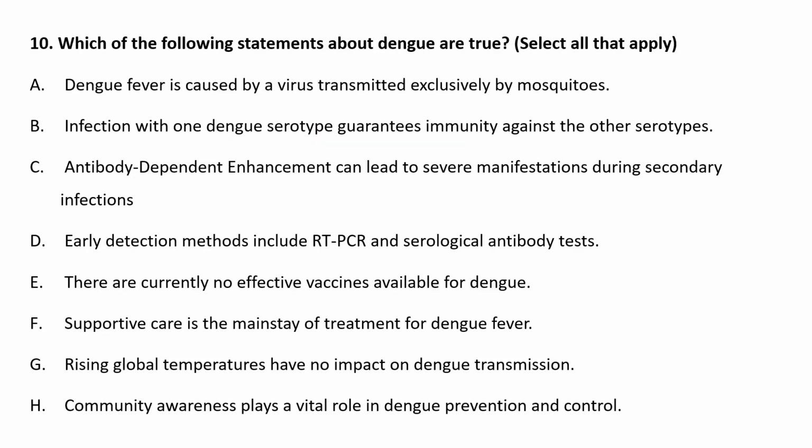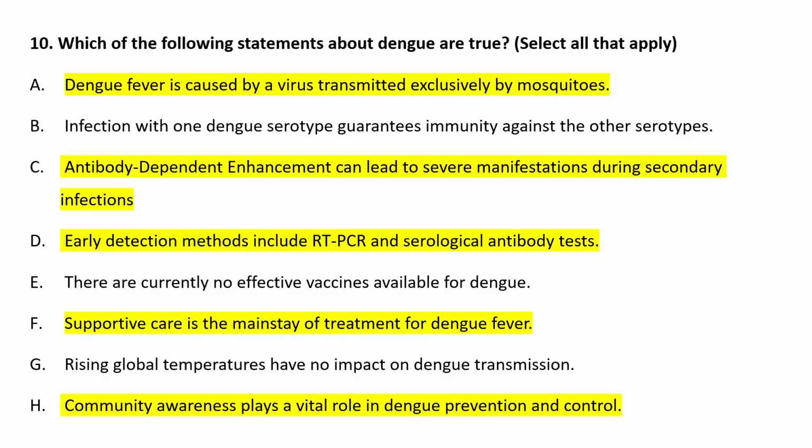Then the last question was, which of the following statements about dengue are true? Dengue fever is caused by a virus transmitted exclusively by mosquitoes, Aedes aegypti. Antibody dependent enhancement can lead to severe manifestation during secondary infection, which we have seen recently.